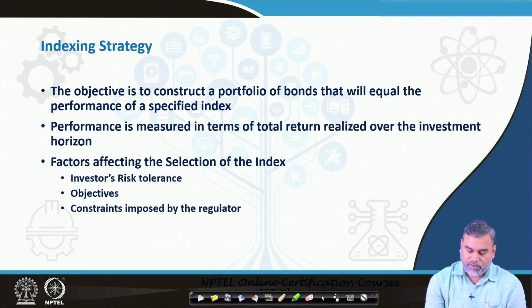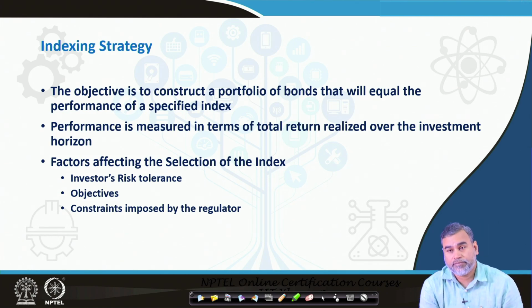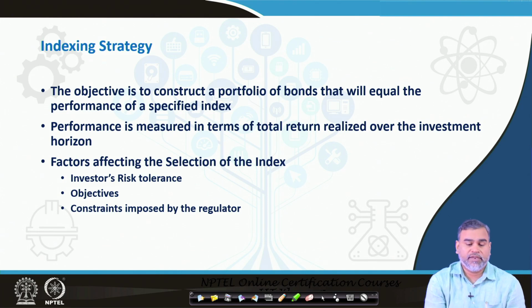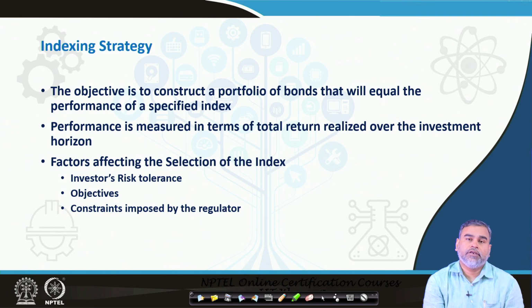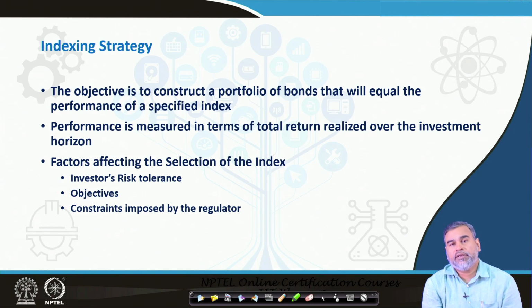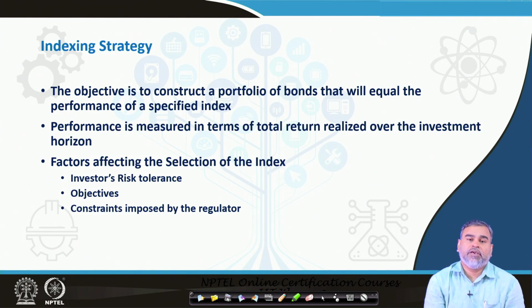Then we have another strategy we can adopt, that is called the indexing strategy. In the indexing strategy, the objective of constructing a portfolio is to mimic or replicate a benchmark index.